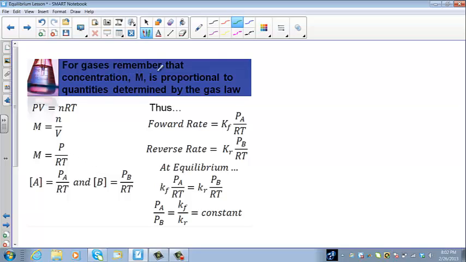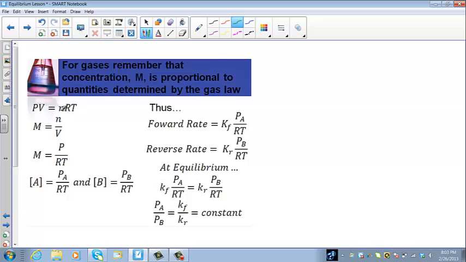So for gases, remember that concentration M is proportional to the quantities determined by the gas law. So let's review. You have PV equals nRT, okay? And molarity equals moles over volume. So if I substitute molarity in the ideal gas equation in place of moles and volume, I get M equals P divided by RT.